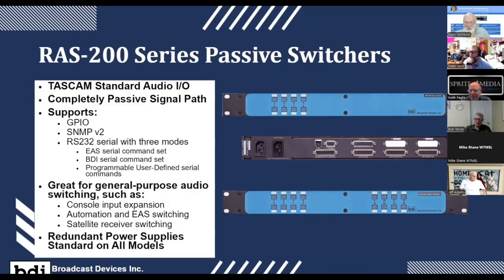So let's say you have products in your plant that you want to replace with a new switcher. You can program our unit to work the same way that your automation system commands, satellite receivers, or whatever it is you're controlling with the serial protocol.